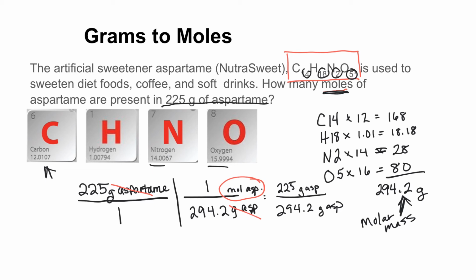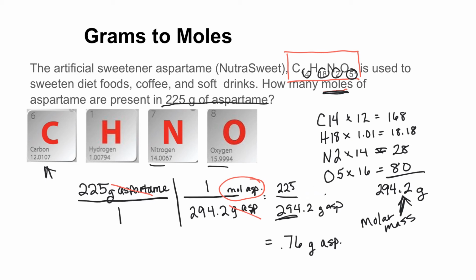And that should make sense, because if you have 1 mole of aspartame, you have to have at least 294 grams, right? We only have 225. So we're going to have less than 1 mole of aspartame. And actually, we're going to have about 0.76 grams of aspartame. I'm sorry, not grams. Oh my goodness.